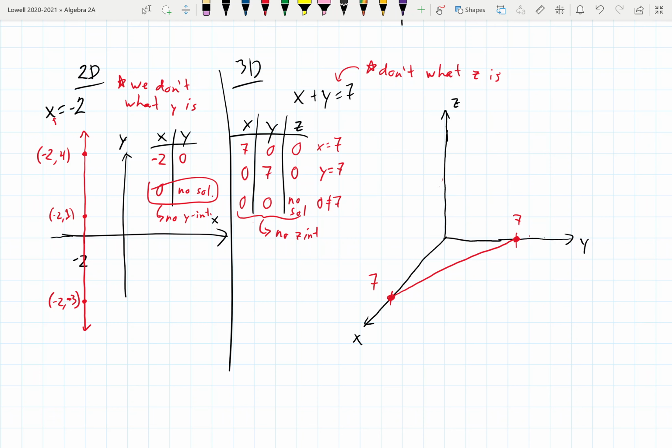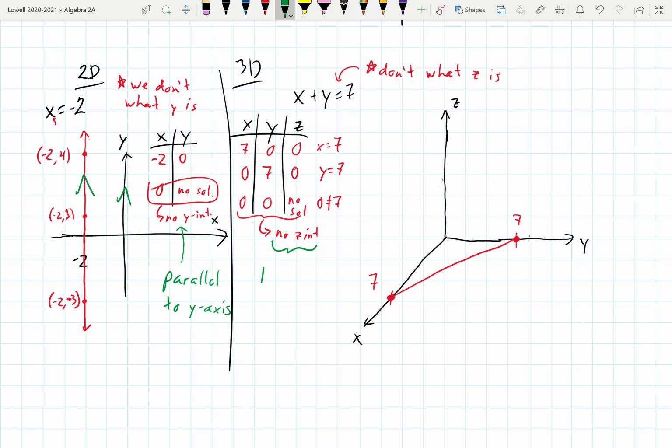So what does this mean? Well, if we think back to what it meant over here, the fact that there was no y-intercept means that the line x equals -2 and the y-axis are actually parallel. The graph is parallel to the y-axis, i.e. it doesn't intersect with it. That's exactly going to be the case here.